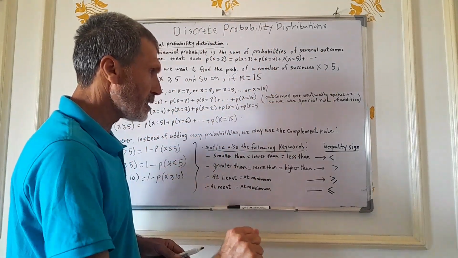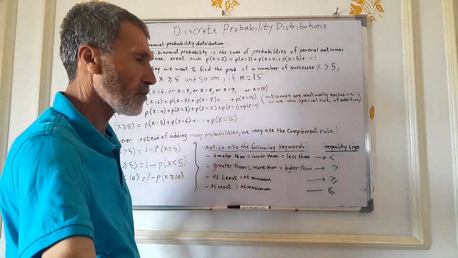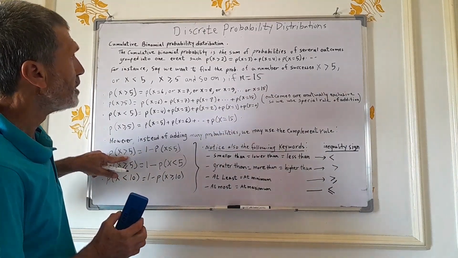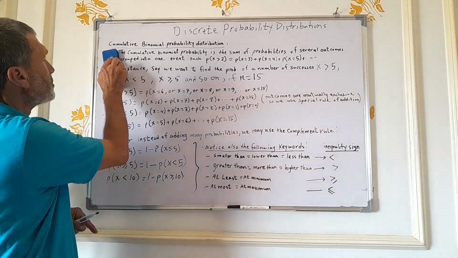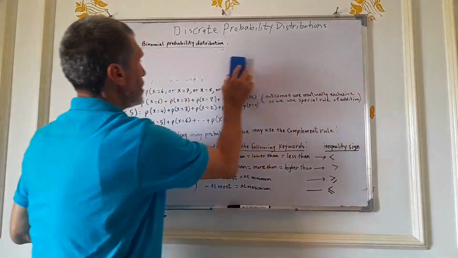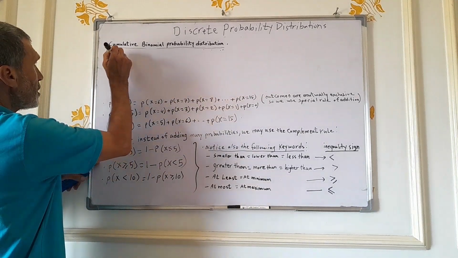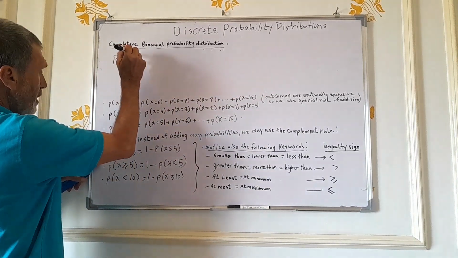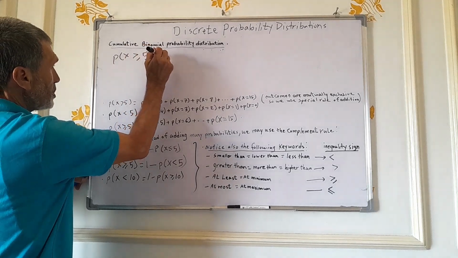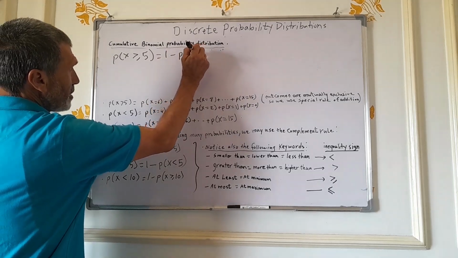Let me elaborate on this one, for instance. Let me erase over here. For instance, the probability of x greater than or equal to 5 is going to equal 1 minus the probability of x less than 5.